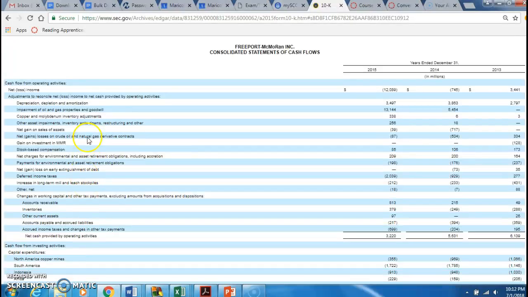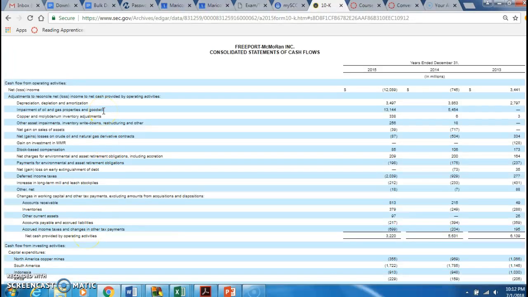So working down the statement, we see the first main section involves operating activities, and both the heading and the last part of this section actually include the words operating activities.